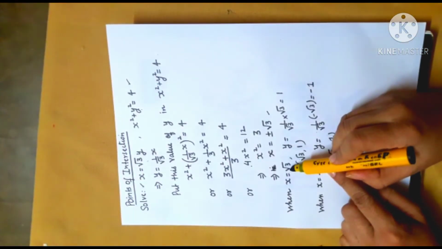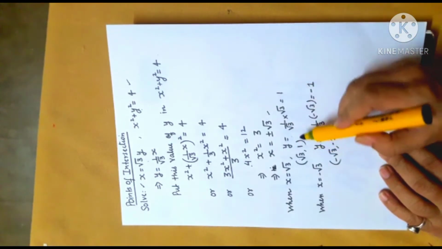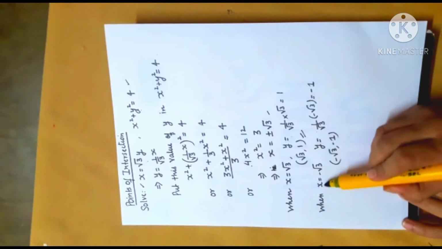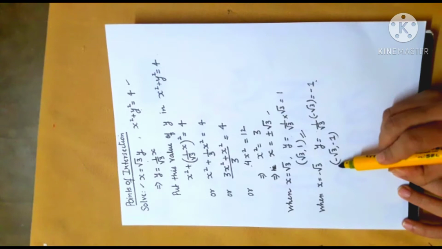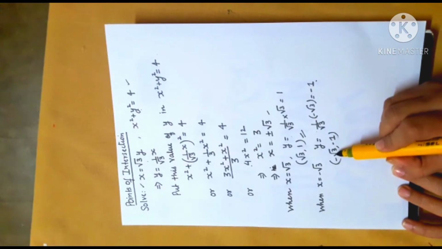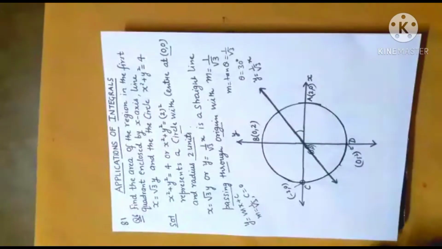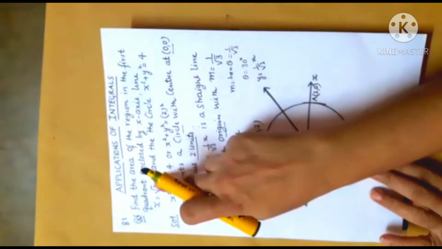When x is root 3, by this y will be equal to 1. So point of intersection is root 3, 1. When x is minus root 3, y will be equal to minus 1. So second point of intersection is minus root 3 comma minus 1. Right? So there are 2 points of intersection of the circle and the line.